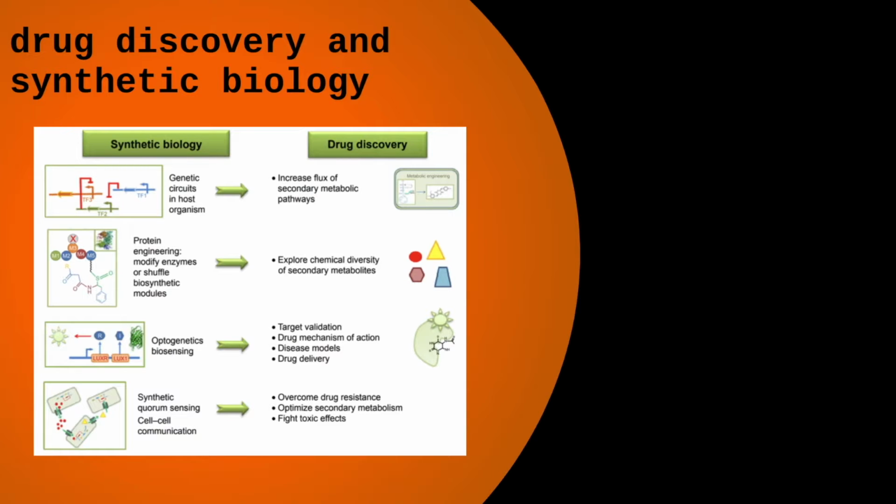Similarly, optogenetic biosensing can validate drug targets and monitor drug delivery in the host cells. This illustration shows the many applications of SynBio in drug delivery. The critical point to note is that SynBio has made itself an indispensable tool for modern drug discovery and has paved a path for significant progress in the field.